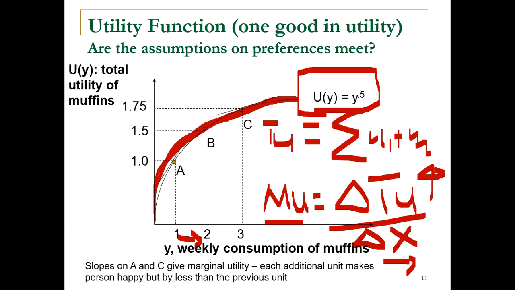Okay, so in this case we've talked about 2 concepts: the concept of total utility and the concept of marginal utility. With total utility, we're just summing up the various levels of satisfaction you're deriving. So 1 unit you have got 1, 2 units you have got 1.5, 3 units you have got 1.75. That is just total utility.